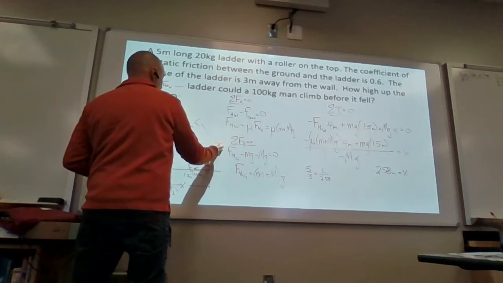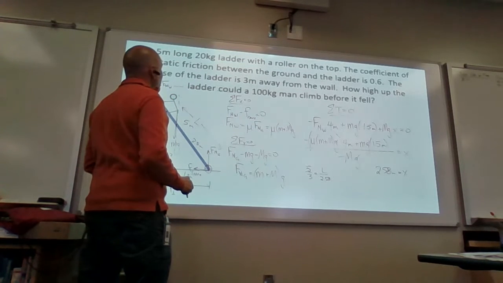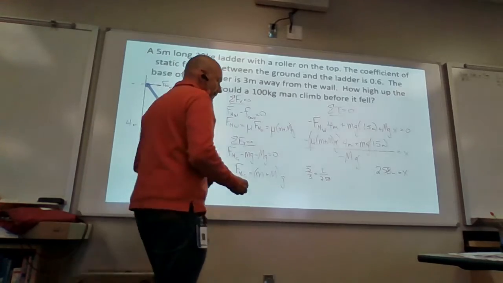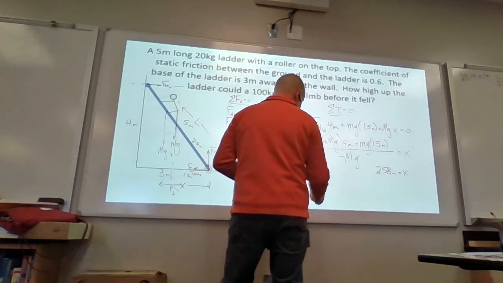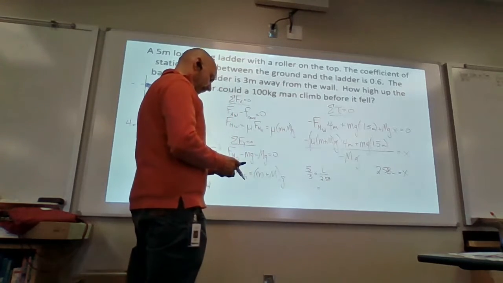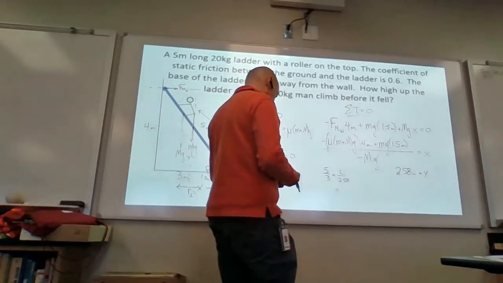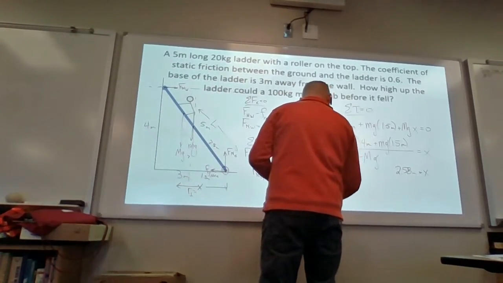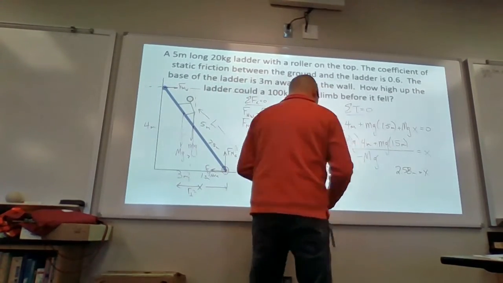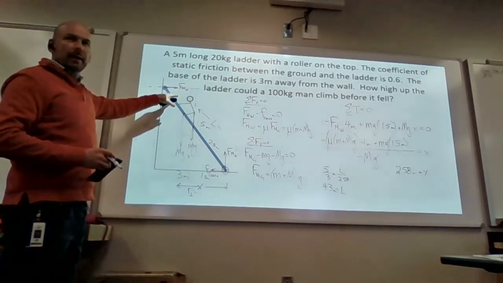Oh, so you want length along the ladder, not how high up. Yeah, that's asking for the height up the ladder. So 2.58 times 5 divided by 3 equals 4.3 meters. So pretty high up there, and then it's going to slip.